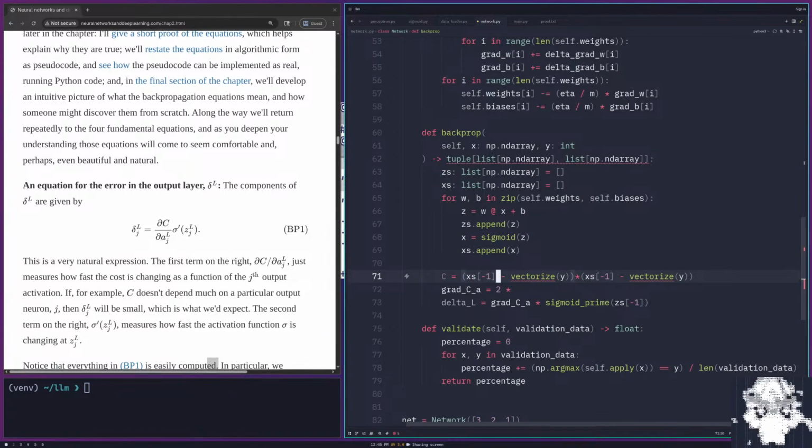Which is equal to this squared minus 2 times this times this plus this squared, right?